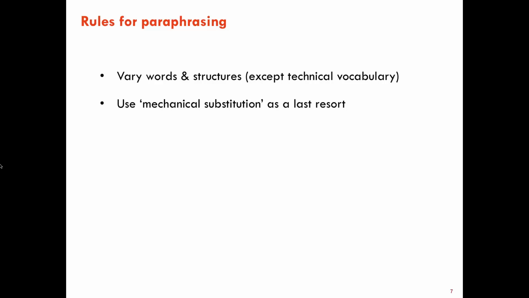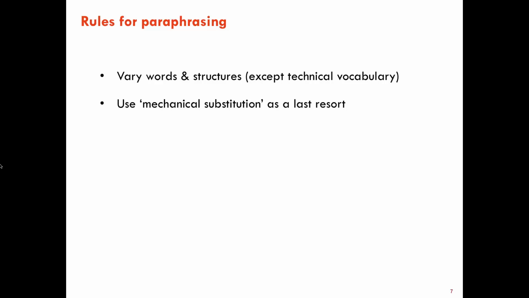Your paraphrase will very likely contain some synonyms to replace words in the source and restructured sentences which are different to the original. However, you should not rely simply on a mechanical substitution of words and phrases.